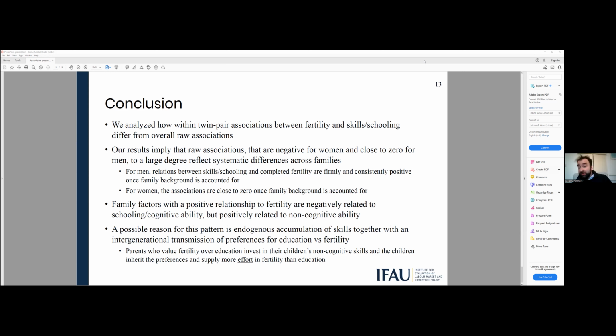I have some questions which concern the explanation that you provide for this. I'm not sure to be entirely convinced by this issue of family background, but maybe it's just that I'm not completely understanding the interpretation of the results.